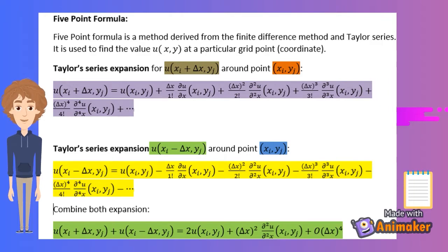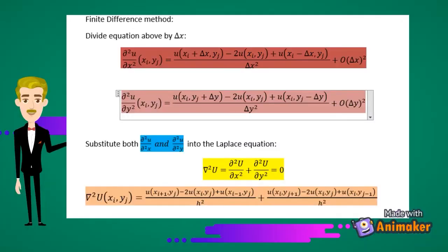After we get the result for both of them, we combine them by addition. After that, we rearrange the previous equation into the general equation of the finite difference method with respect to x and y, and then we substitute both of them into the Laplace equation, and we will get the result as follows.